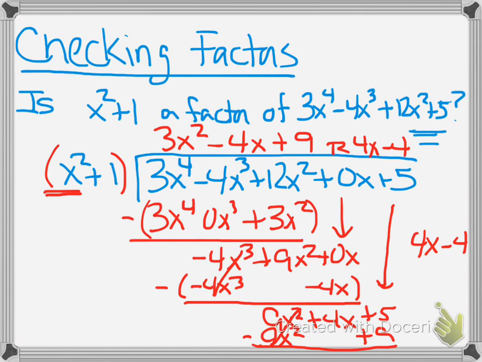Now, since the degree of the remainder is less than the degree of the divisor, we're done. We can't divide anymore. Is it a factor? No, because we have a remainder.